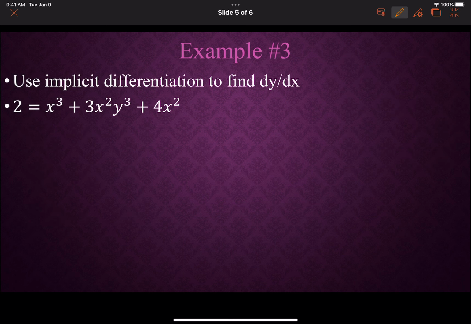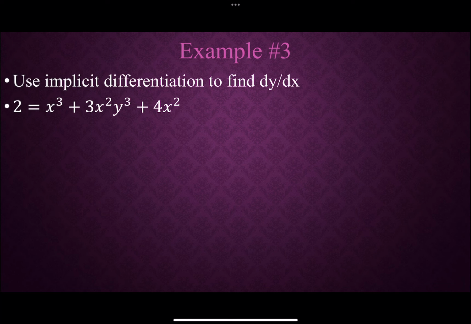All right, now, you'll notice here, there's only one y term in the problem, but it's part of a product. So this is going to require a product rule situation between the 3x squared and the y cubed. So our derivative of 2 becomes 0, x cubed becomes 3x squared. We now have a product rule.